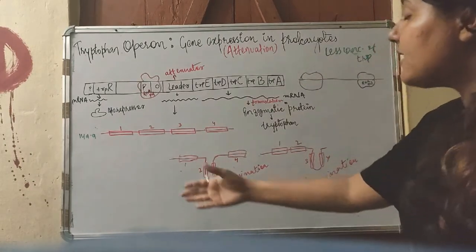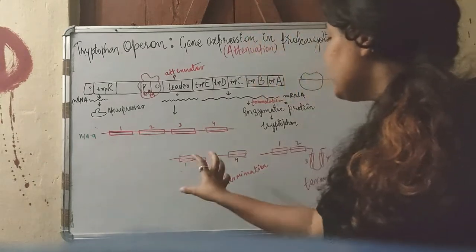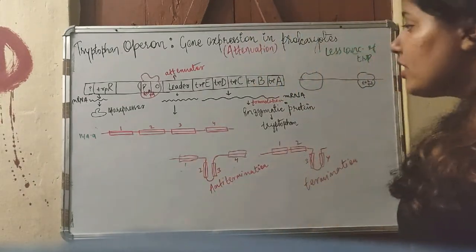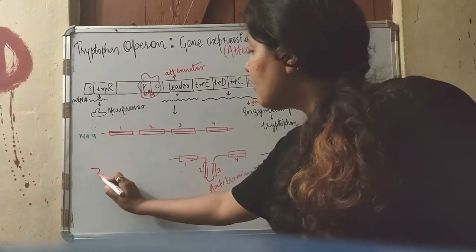Now in what sense are the sequence 1 and 2 hairpin, 2 and 3 hairpin, and 3 and 4 hairpin different from one another?